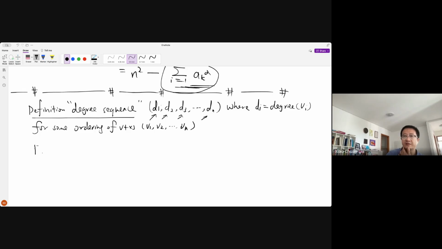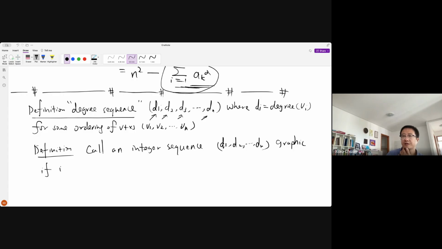Okay, so another definition. It's actually an equivalent definition. We call an integer sequence d1, d2, ..., dn graphic if it is a degree sequence of a simple graph.